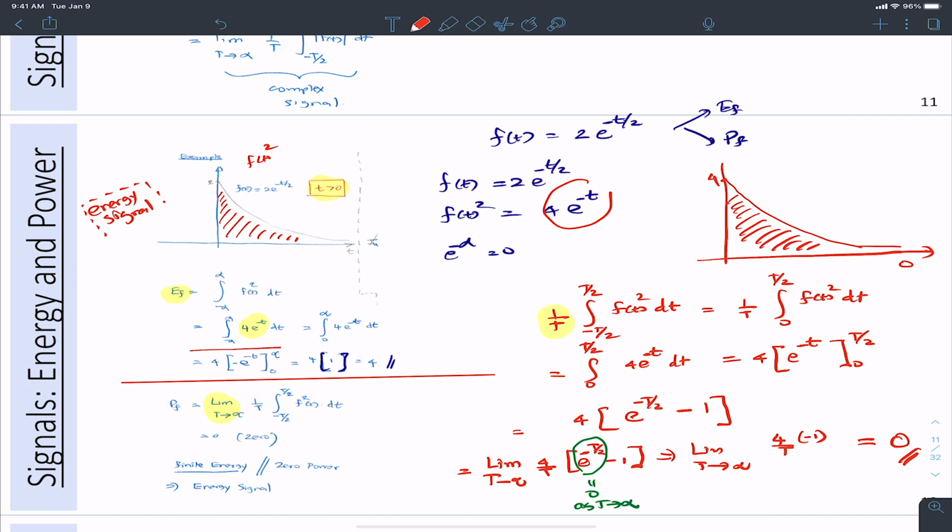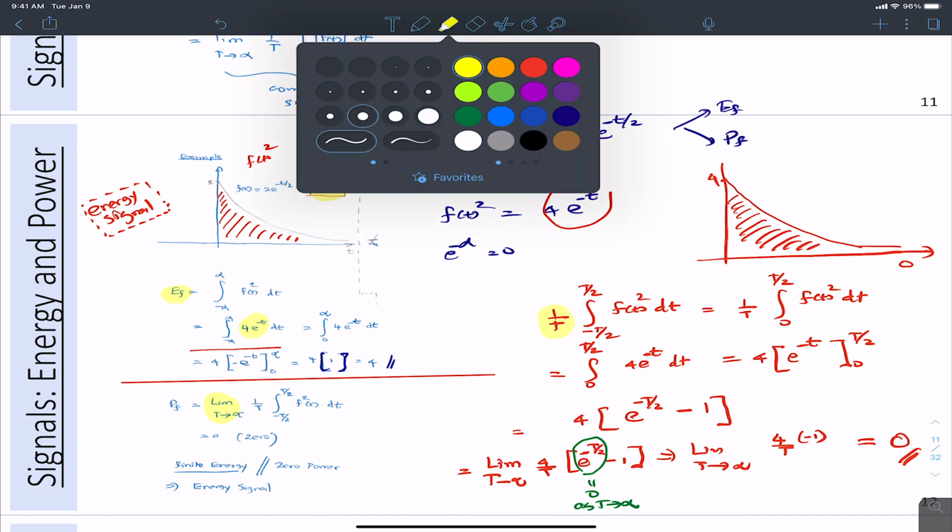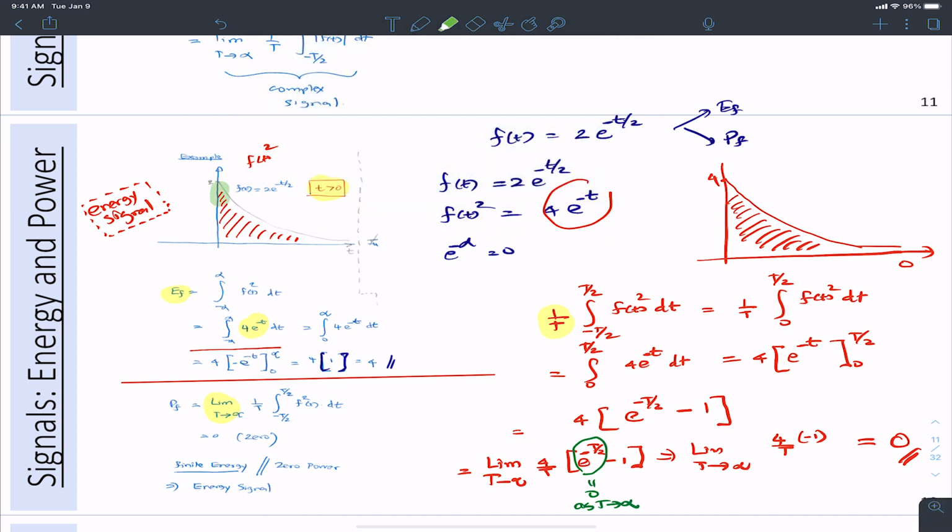This signal that we just worked on, e to the power minus t or e to the power t, these types of signals are called energy signals. It has a limited amount of energy.